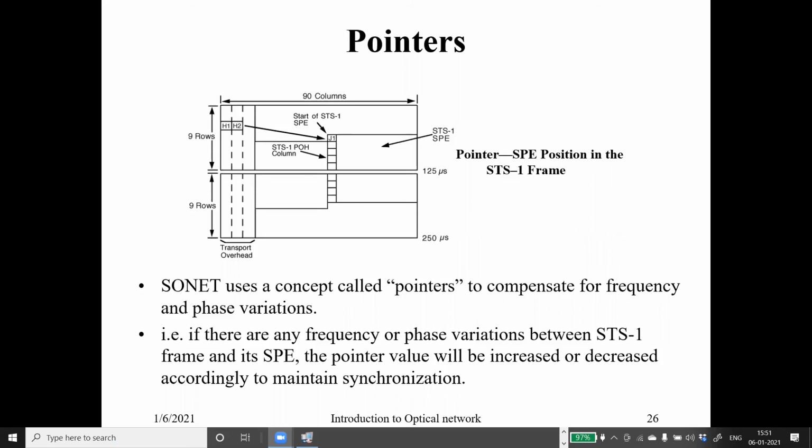Although the frames are moving synchronously, every frame may not be full, and sometimes the frames are empty. So these pointers will have certain information telling that these frames are empty and they need not be considered when you are retrieving your information. So pointers are very useful and help us to maintain the sending of the information synchronously.